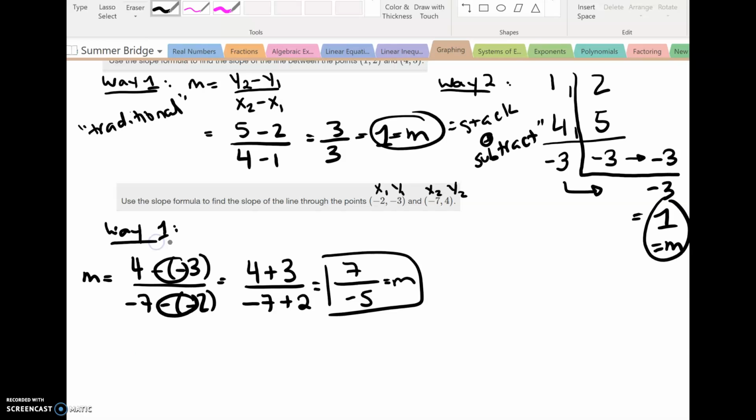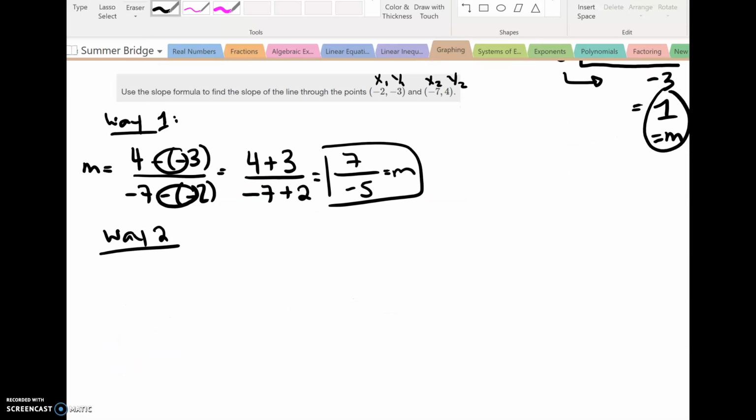Now, that's way 1. Way 2 is my stack and subtract method. I need a little bit more space in the bottom there. So I have -2, -3. I have -7, 4. So I stack them, draw my L, and I subtract them.